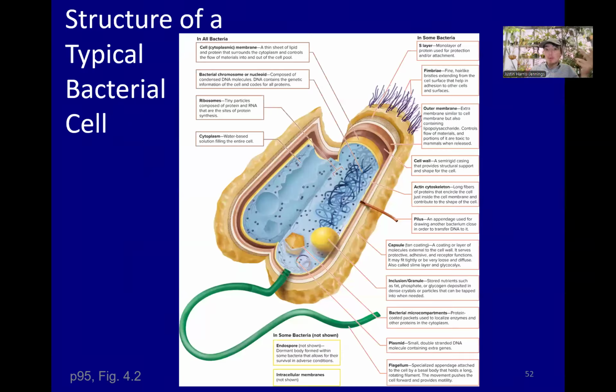Something to remember is that prokaryotes don't have membrane-bound organelles. And so something that's the most striking is that they lack a nucleus. Instead, they have what's known as a nucleoid region, where you have their chromosome, which is a circular piece of DNA that has been condensed down into a tight bundle into a region of the cell.